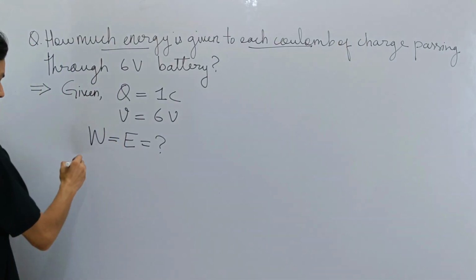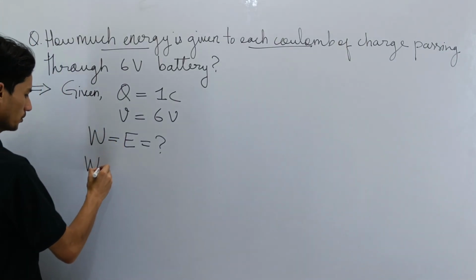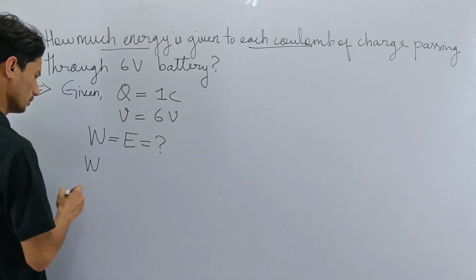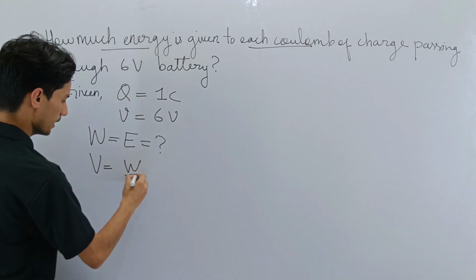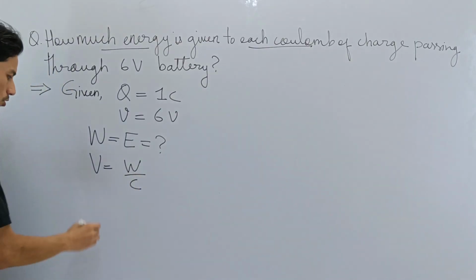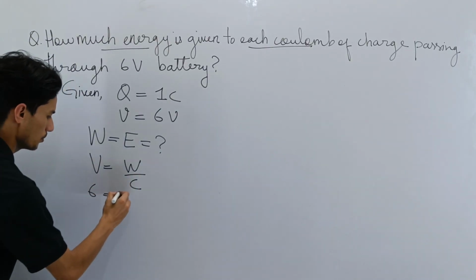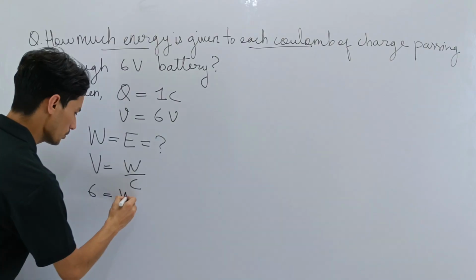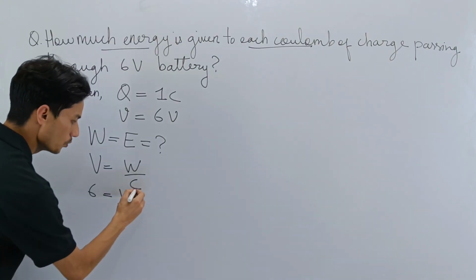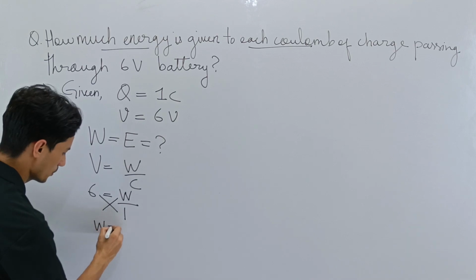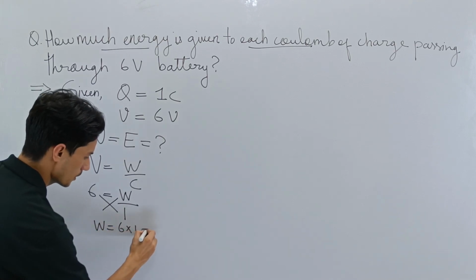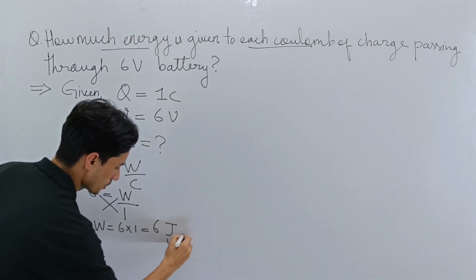The formula we know is V, potential difference, is equal to W by Q. Potential difference is 6, W is what we are supposed to find, and the charge is 1 coulomb. Cross multiplying, W is 6 into 1, which is 6. So the answer is 6 joules.